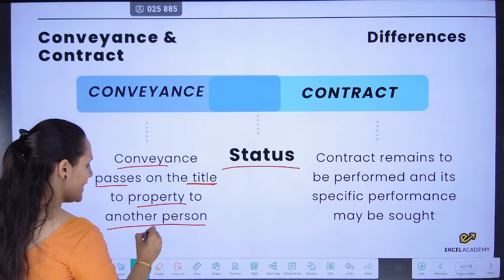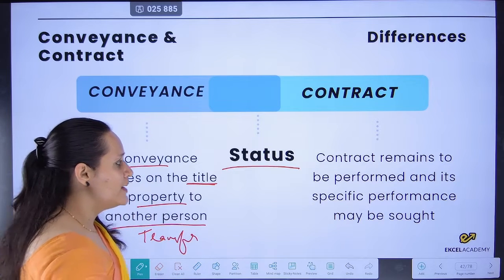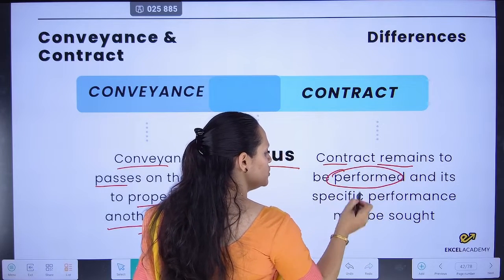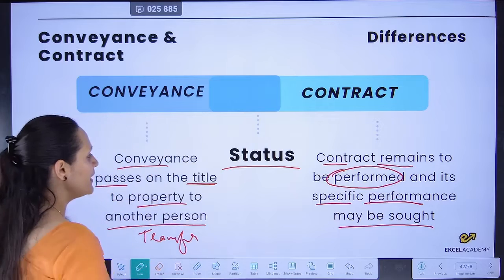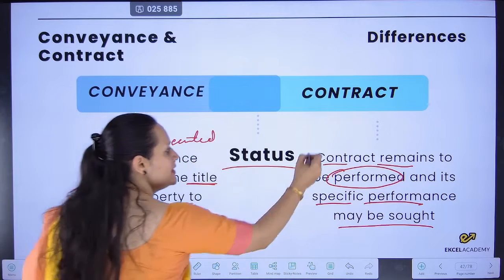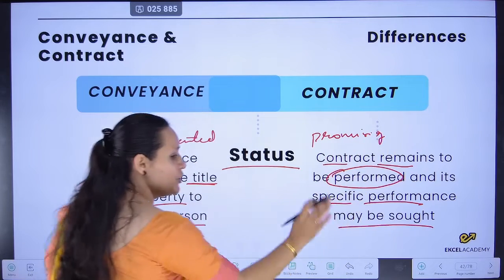Here there is an element of transfer, but in a contract, the contract remains to be performed in future and specific performance can be sought. In conveyance, the actual work is being executed. In a contract we are promising the execution. We are not doing it right away.